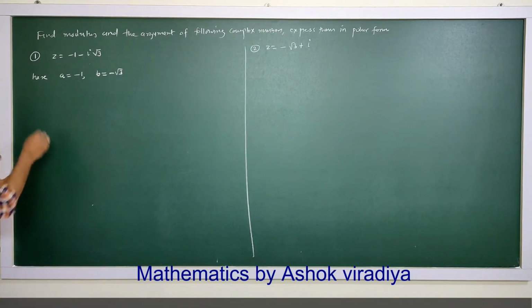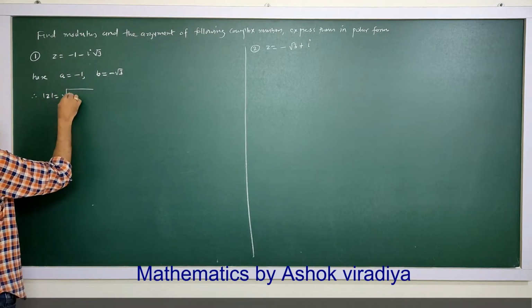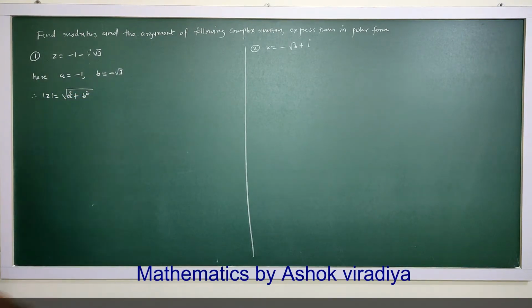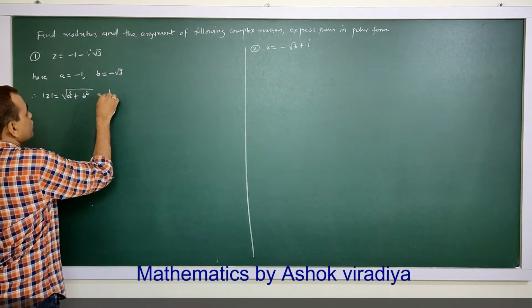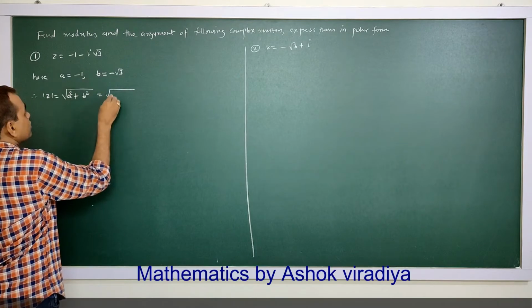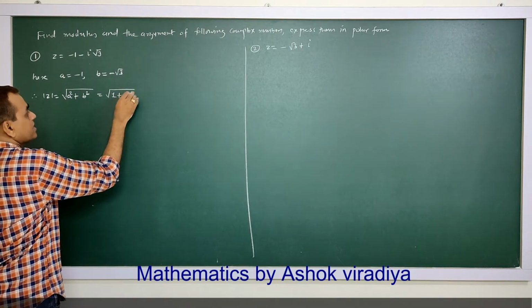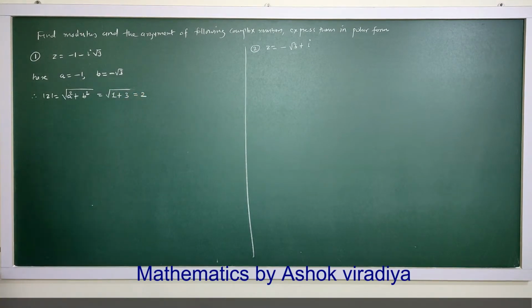First of all, we find the modulus. Modulus of Z is root A square plus B square. So that is the square root of minus 1 square is 1, minus root 3 square is 3. So this is 2. Modulus of Z is 2.